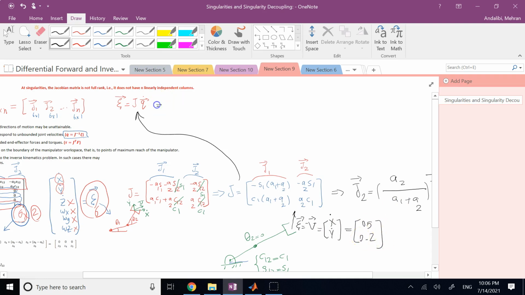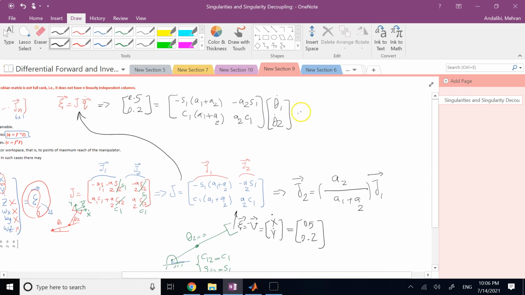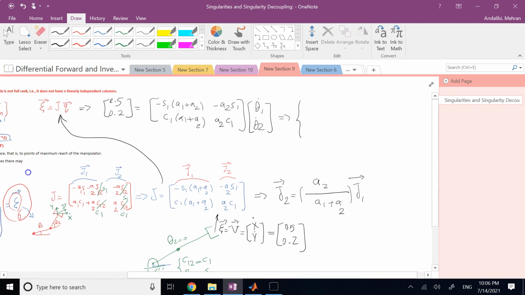Okay, so if I plug it here, you will get 0.5 and 0.2 to be equal to negative S1 times A1 plus A2, C1 times A1 plus A2, then negative A2S1 and A2C1, times Q dot, which in this case is theta 1 dot and theta 2 dot. If I multiply and expand, I'll get two equations.